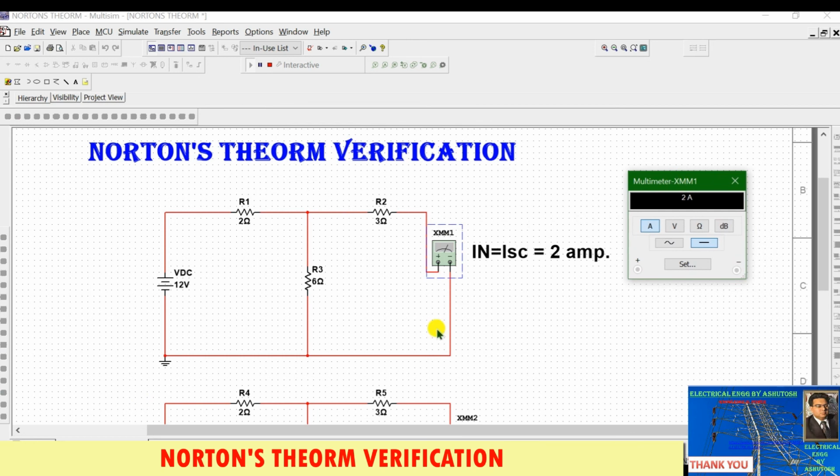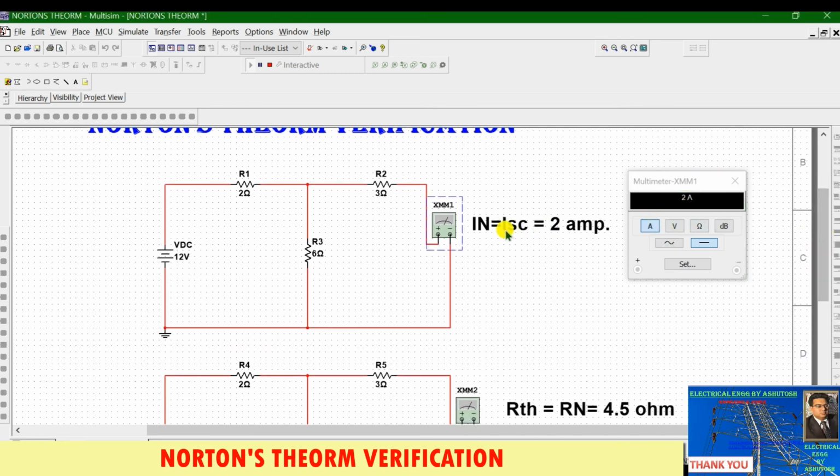So it verifies the calculation. We already found the value 2 ampere Norton's current, and this multimeter, working as an ammeter, will tell the reading of current 2 ampere. As you can see, 2 ampere is the answer. So this was the Norton's current or short circuit current.